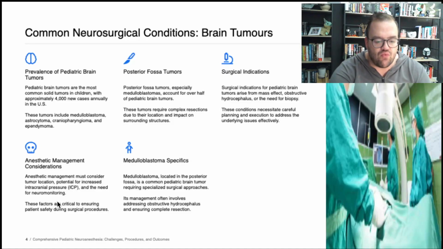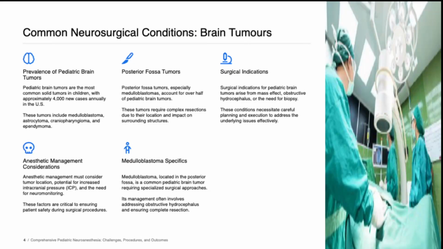So, there really are very important anesthetic challenges, and a good anesthetic in these cases can make a huge difference in terms of the child's outcome. And if we just focus for a few seconds on medulloblastoma, located in the posterior fossa, it is a common brain tumor, and we often need to address the need to have a complete resection.